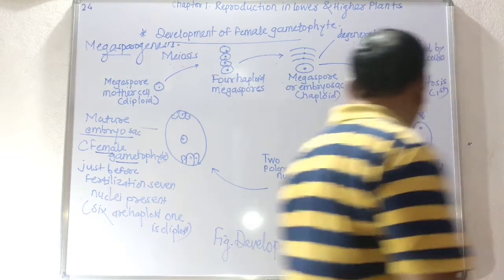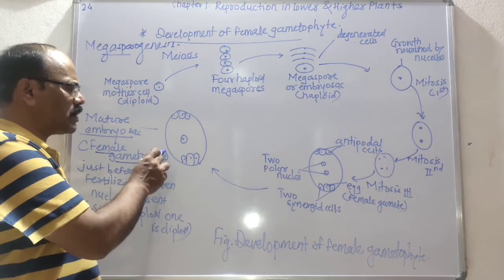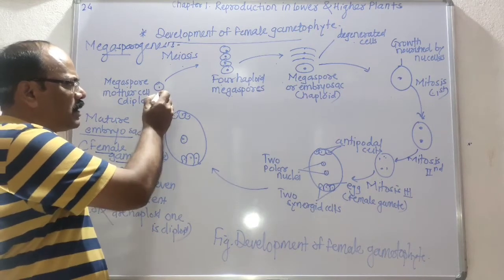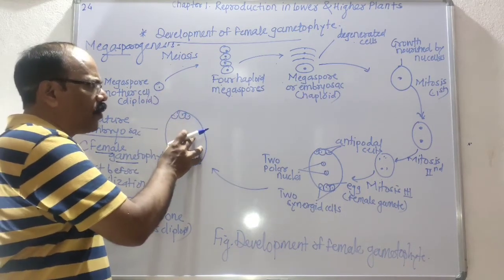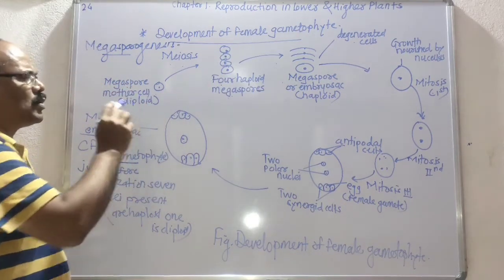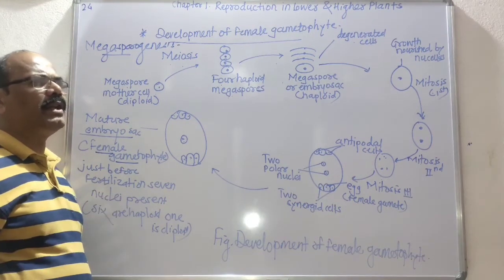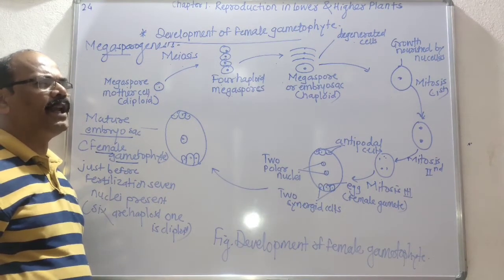The development of the embryo sac from a single megaspore is called monosporic in nature.